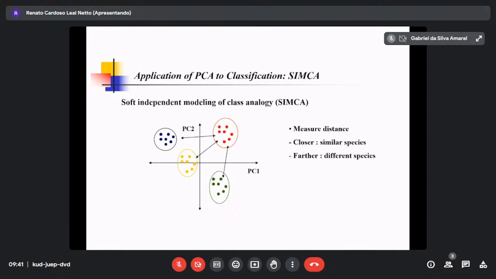This is SIMCA, soft independent modeling of class analogy. You understand? The difference is that hierarchical clustering analysis is a classification of all samples, but SIMCA modeling is from the standpoint of which one is close. In hierarchical clustering analysis or a phylogenetic tree, we correlate distances.